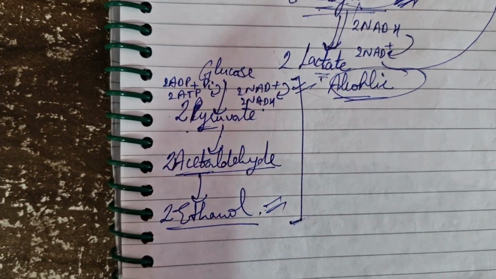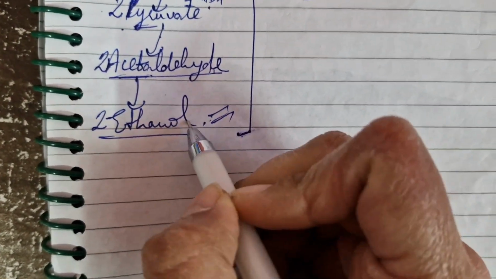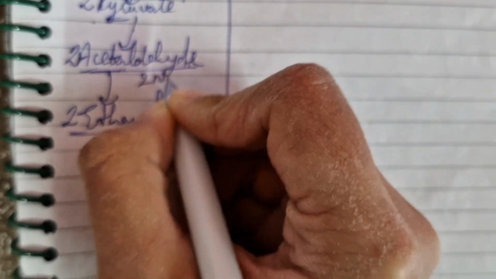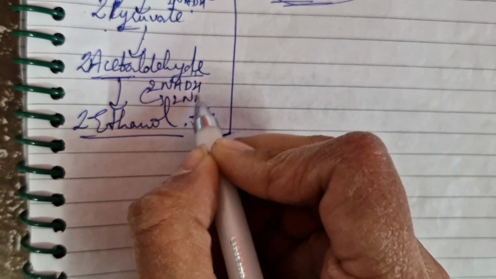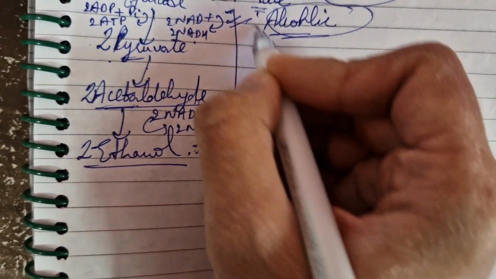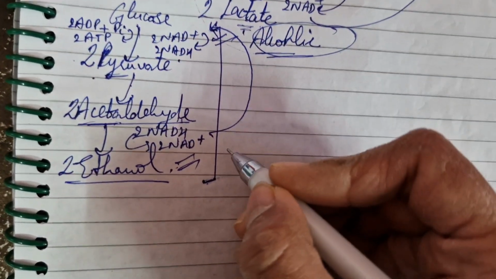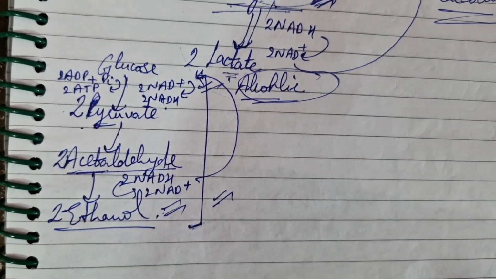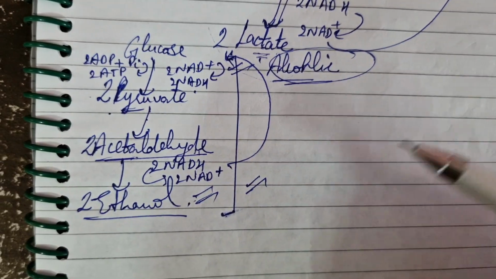And in the next process, similarly, when acetaldehyde gets converted into ethanol, 2 NADH give 2 NAD plus, which are again utilized in the first step of the fermentation, and hence the process continues. So this was the alcoholic fermentation.